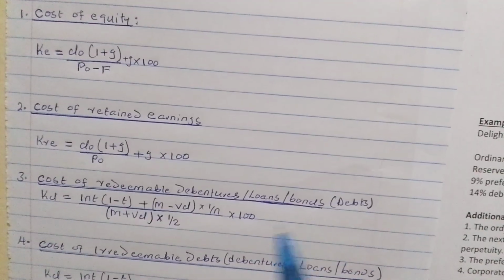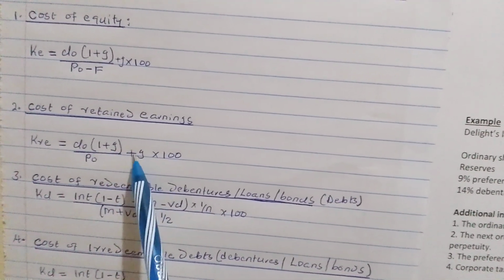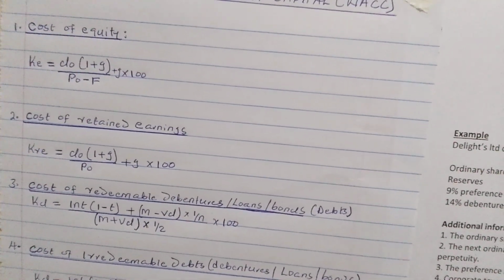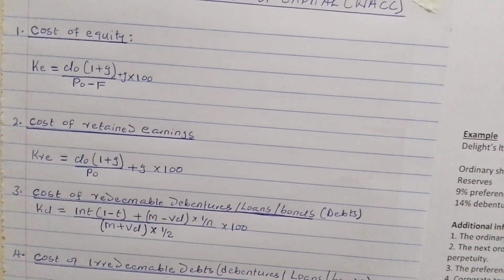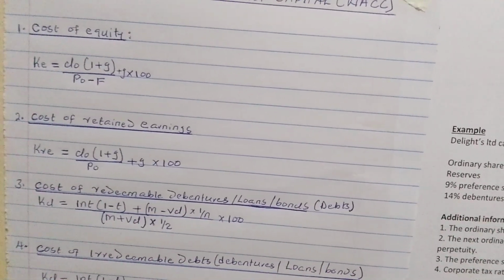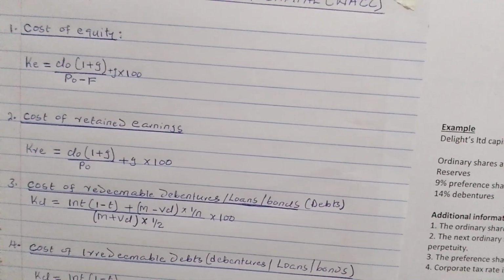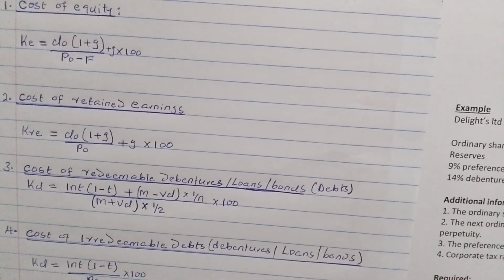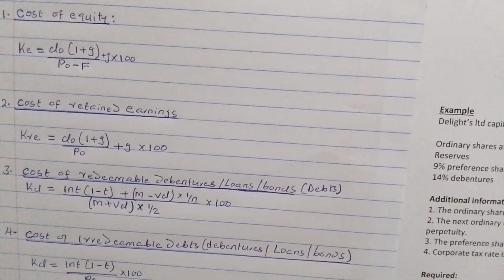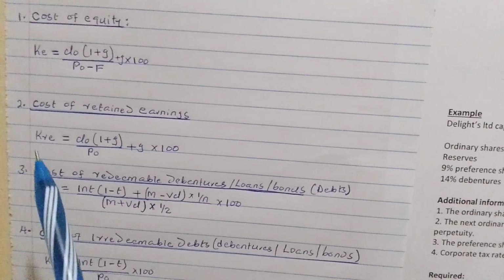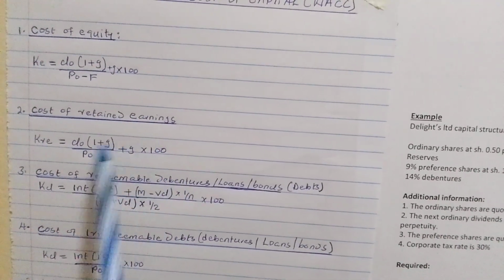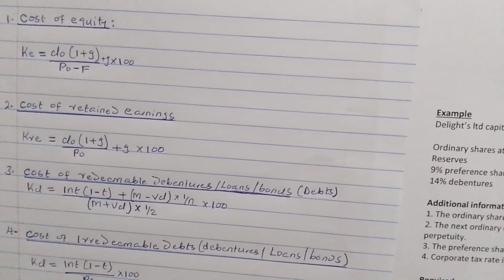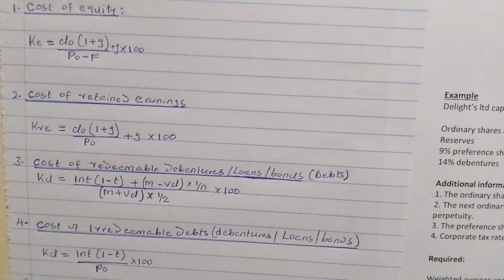When using book values, we consider both the cost of retained earnings and the cost of equity, as weights. However, when calculating WACC using market values, we cannot consider retained earnings, because retained earnings is not gotten from the market, it is gotten internally from the business entity.